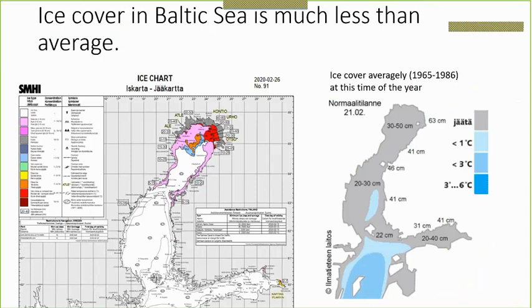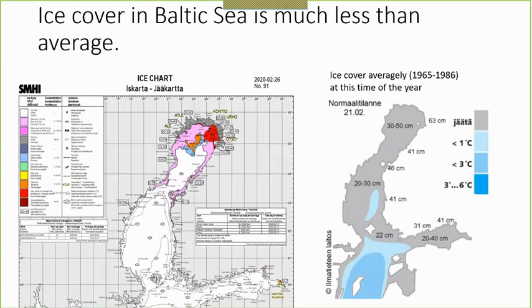Then I have also the ice chart from the Baltic Sea, and again, it's not a surprise that the ice cover in the region has been almost non-existent. It's much less than average.